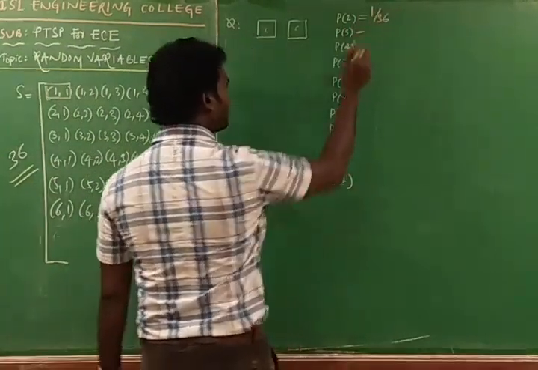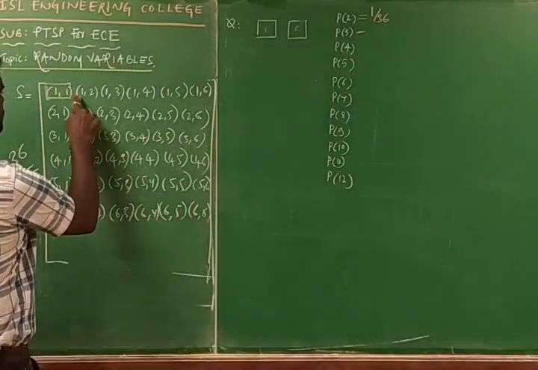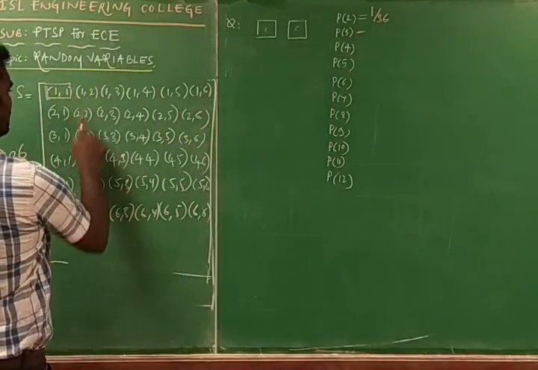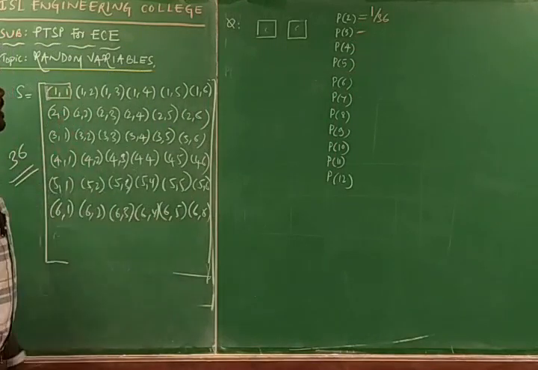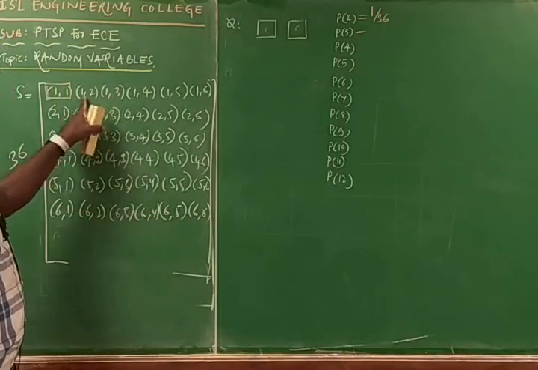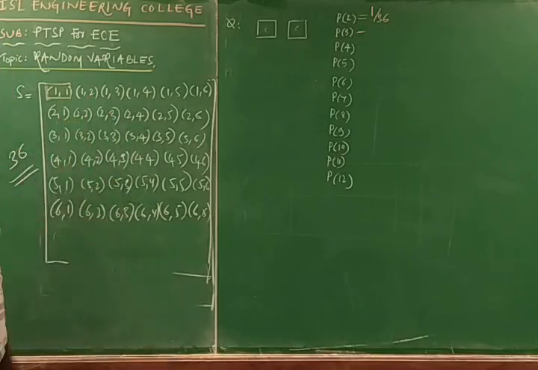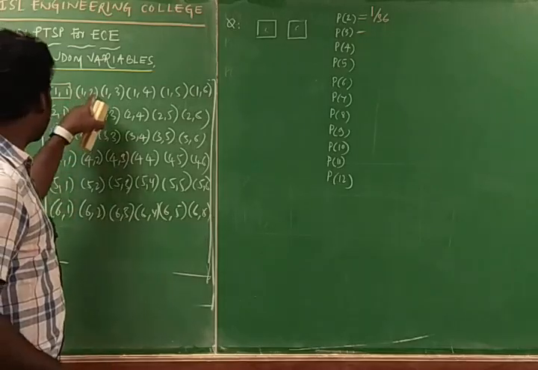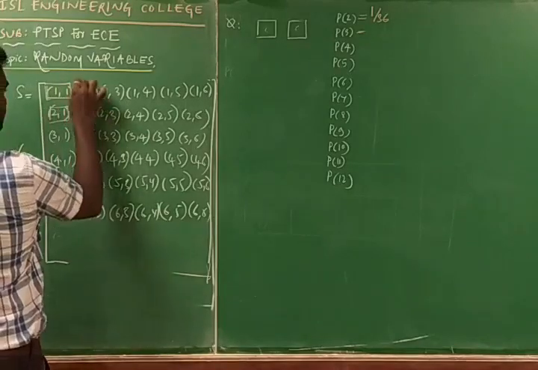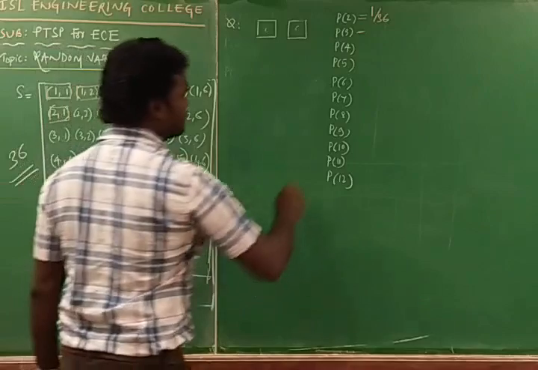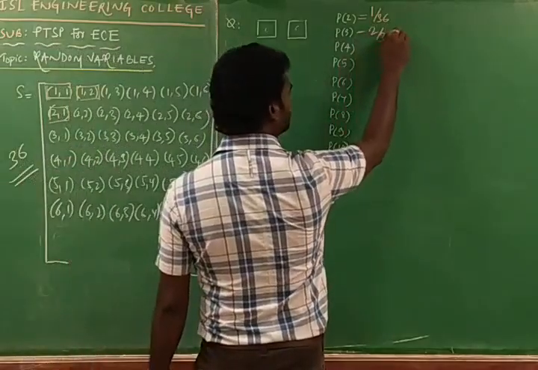For a sum of 3, we have 1 2 and 2 1, since 1 plus 2 is 3 and 2 plus 1 is 3. So there are 2 outcomes, and the probability is 2 by 36.